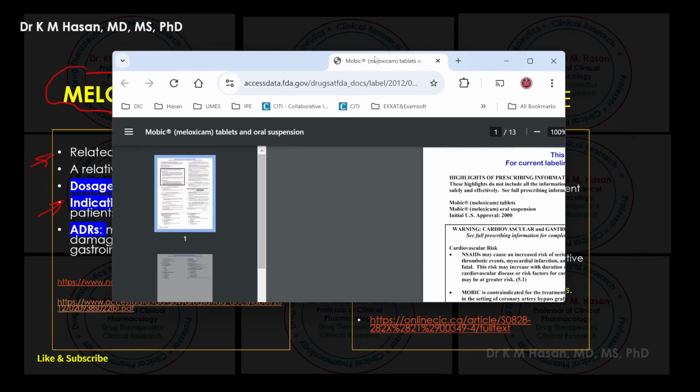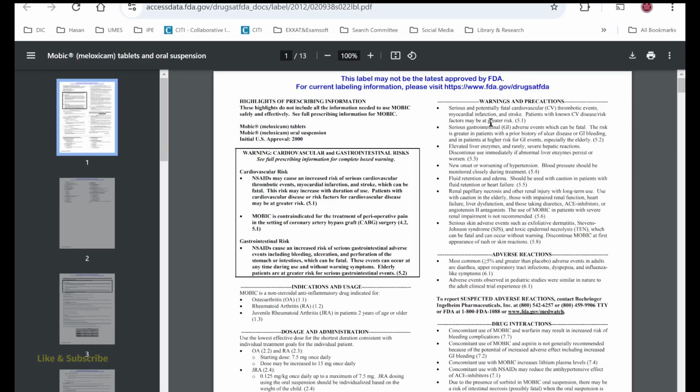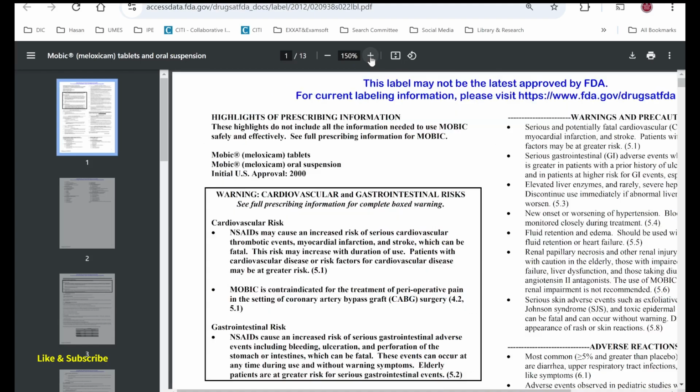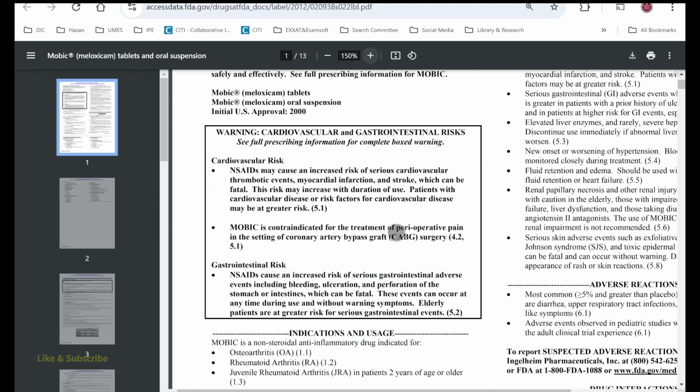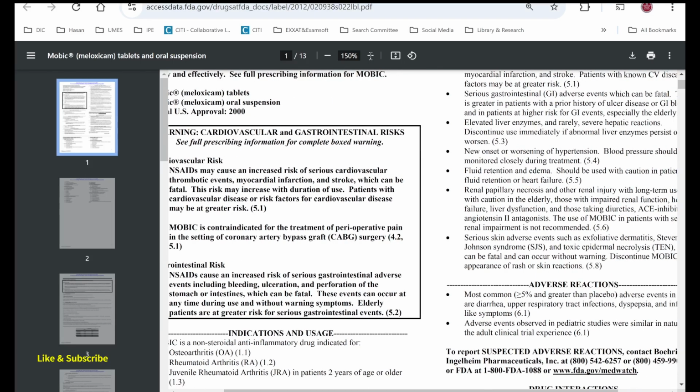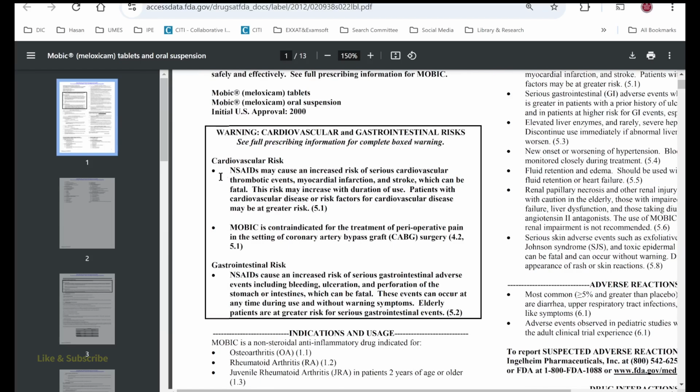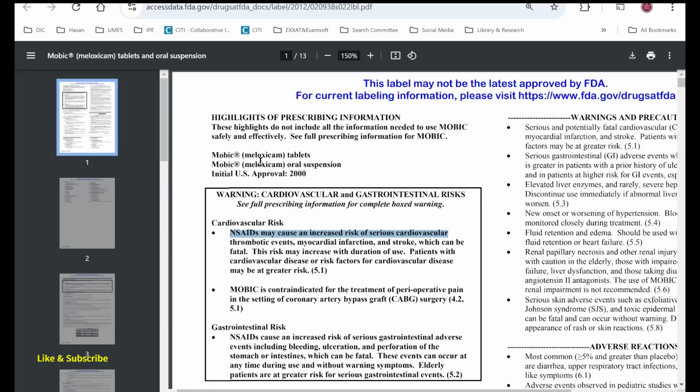If you click on this link here, for example, this is related to Meloxicam, and I would like to maximize it. You can see here on the screen, Meloxicam, because it is a selective COX-2 inhibitor, has an increased risk of cardiovascular disease. The first one in the highlight. Meloxicam, brand name Mobic tablet.